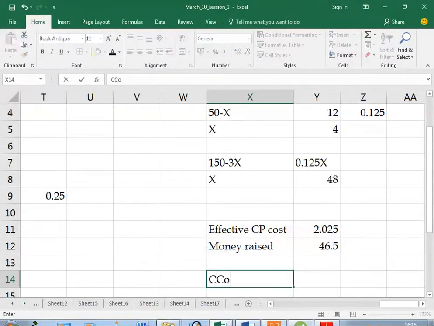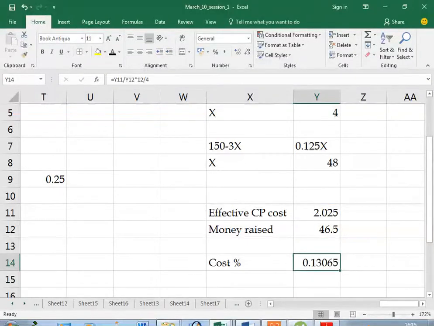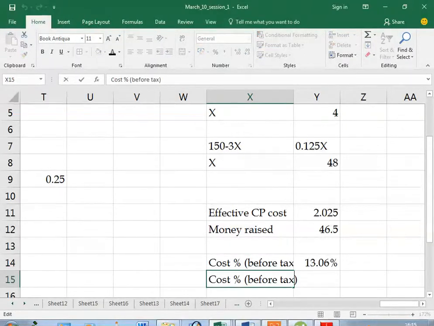Cost percentage is 2.025 divided by 46.5 into 12 by 4. Why 12 by 4? This is for 4 months. So into 12 by 4. This is before tax. After tax, it's a tax deductible item.